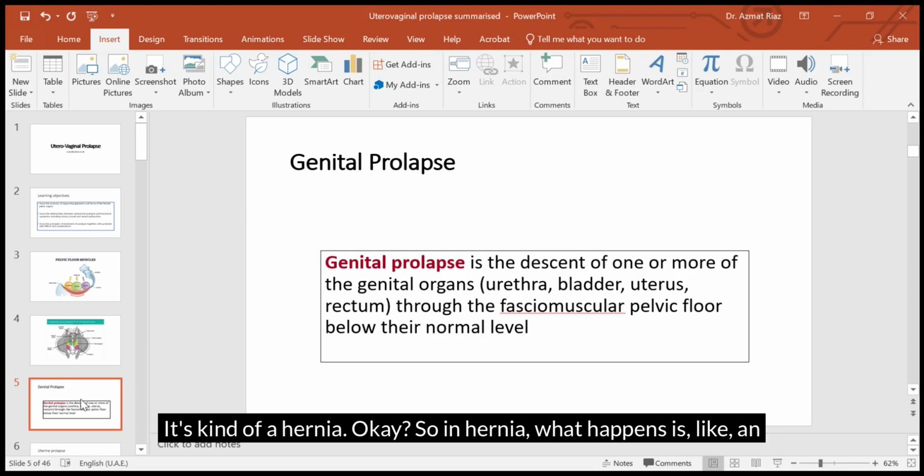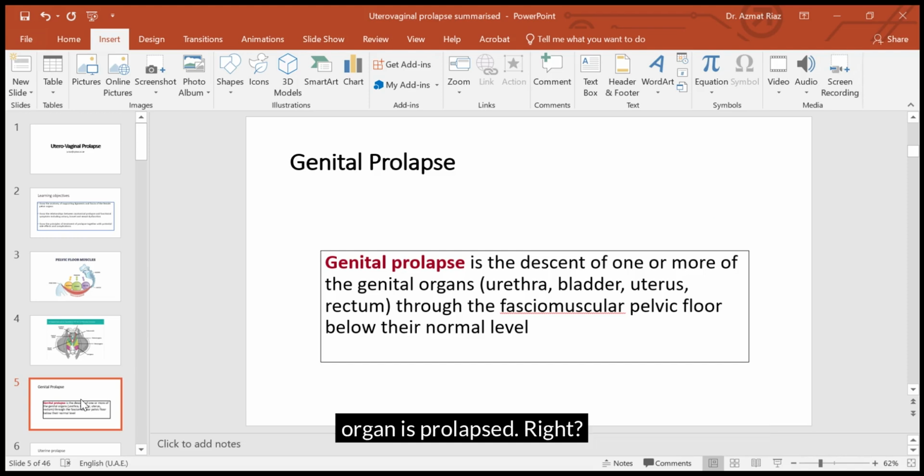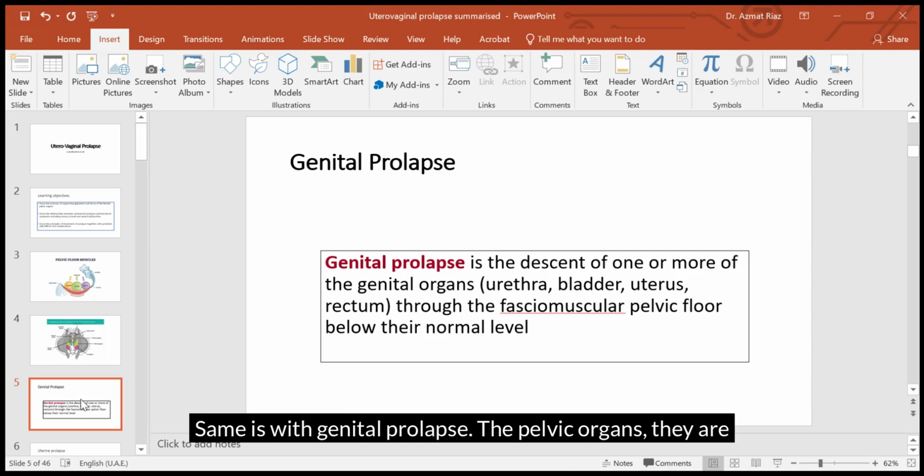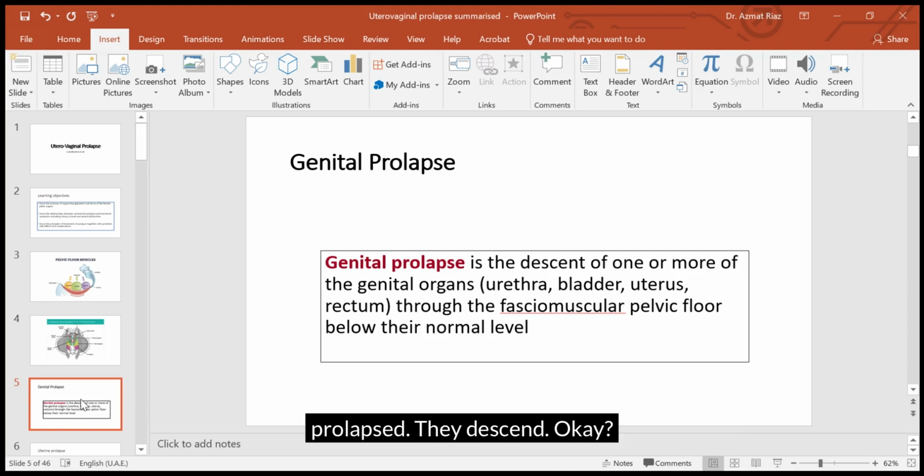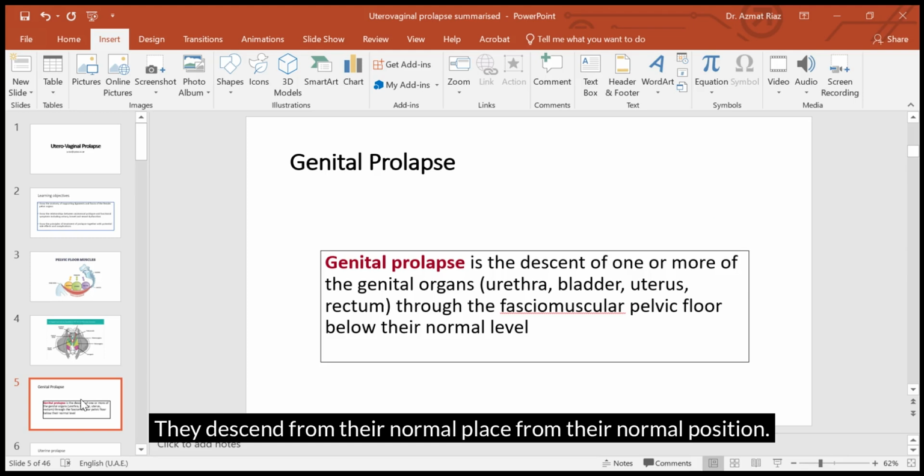Okay, so now coming to the topic, what do we mean by genital prolapse? It's kind of a hernia. In a hernia, an organ is prolapsed, right? The same is with genital prolapse. The pelvic organs descend from their normal position.